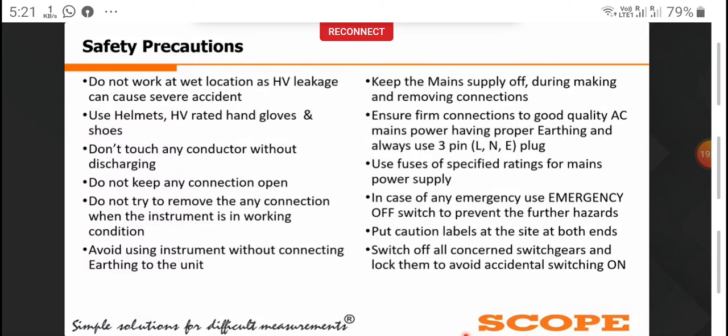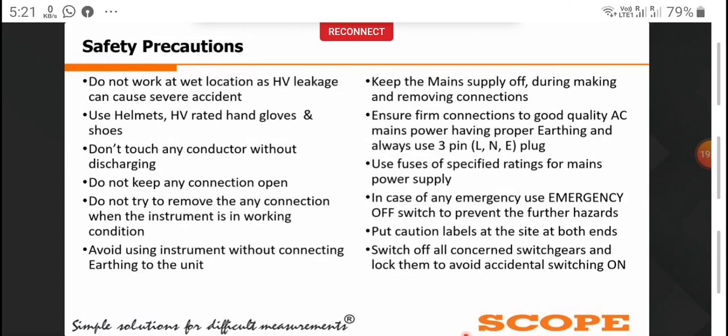Whenever we are connecting any surge generator or high voltage test set to the cable, always connect the earthing first to the unit and always remove the earthing last.